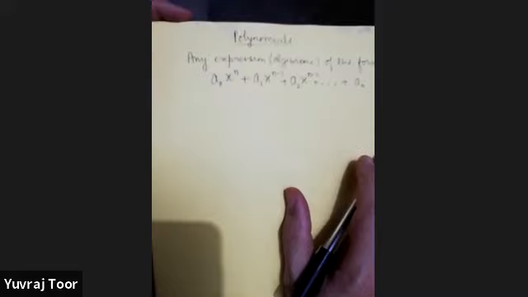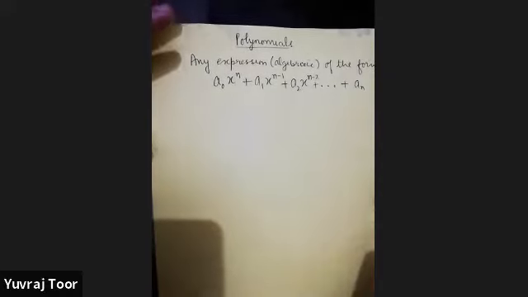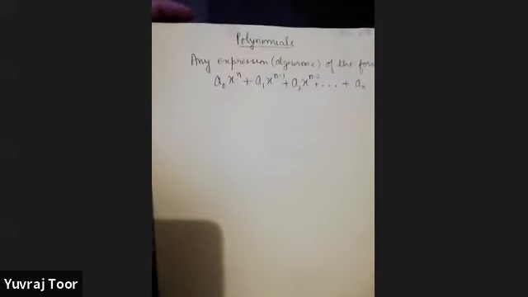Coefficients are the numbers or the constants which are coming along with the variable. This term is coefficient. They together increase the efficiency. If I write 2x, 2x means 2 times x. 2 is increasing the efficiency of x.